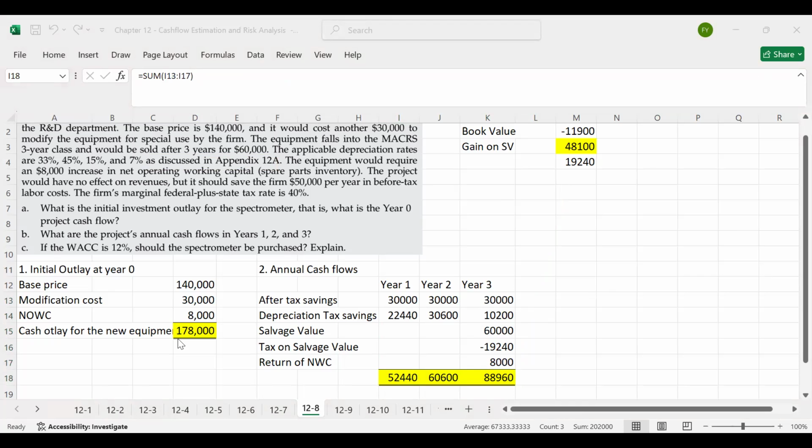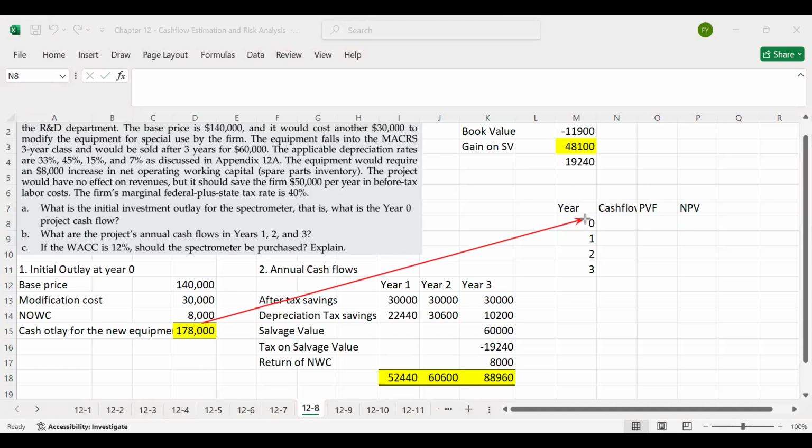So we have one column which represents years, then we have cash flows, then present value factor, then net present value. So at year 0, 1, 2, 3. At year 0, we have this outflow. You can see this is the outflow.